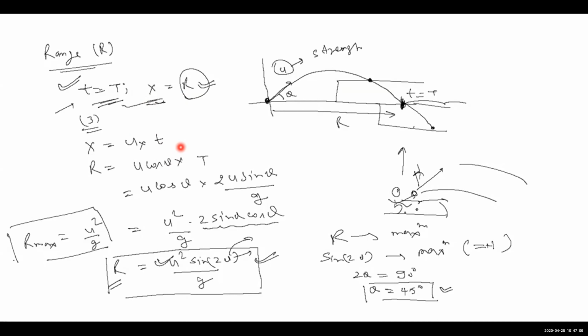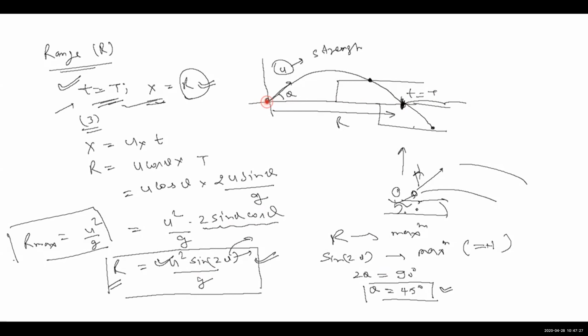Which one? Formulas are only valid when the point of projection and the point of landing are along the same horizontal line. You can see the spotlight I'm putting here.